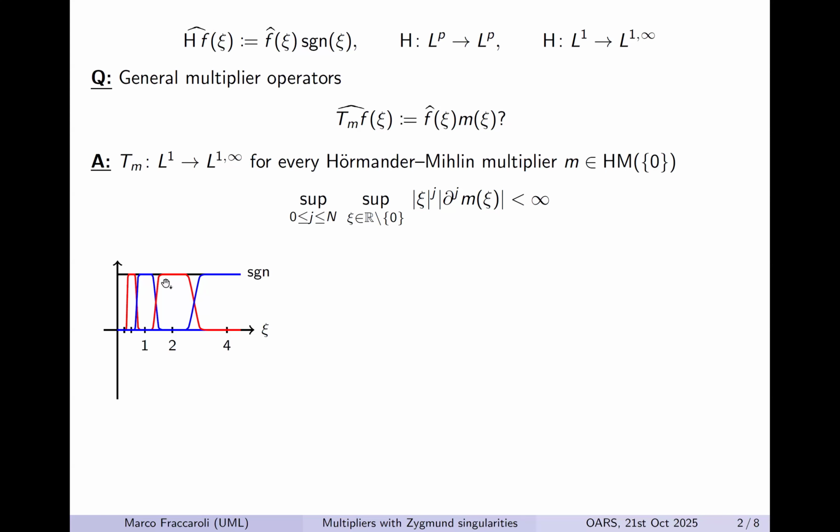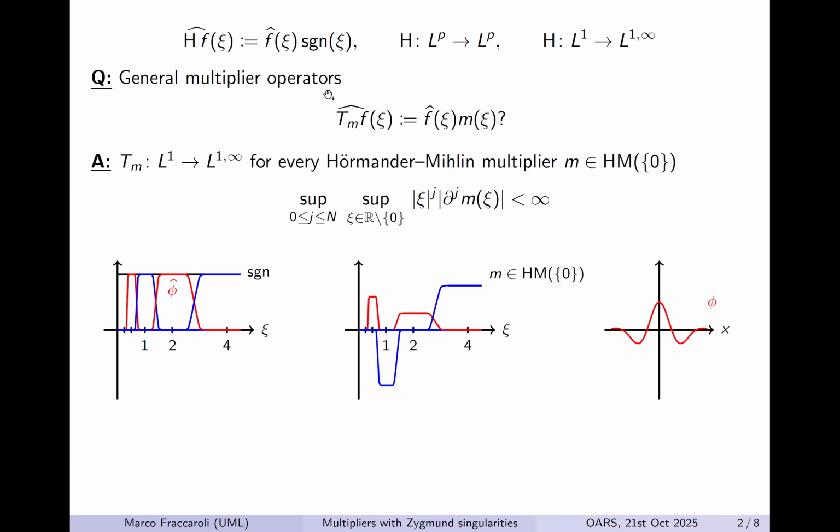Once we have these smooth bumps, we don't need them to be precisely the ones that decompose the signum. We can multiply each one of them by a bounded coefficient and sum them back again. The multipliers that you obtain this way are the Hörmander-Mihlin multipliers with respect to the origin. So this smoothness decay condition is with respect to the origin.